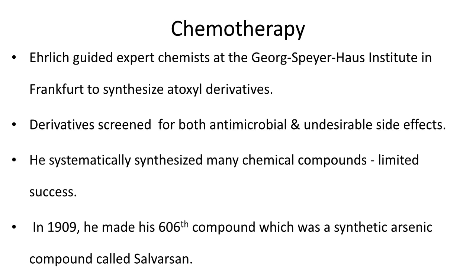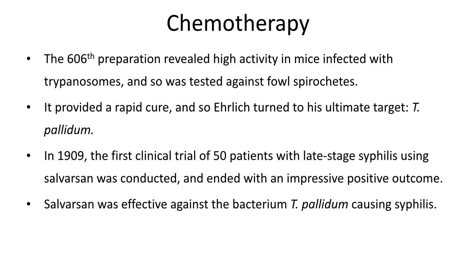In 1909, Ehrlich had made the 606th derivative of arsenic, which he called Salvarsan. This preparation gave a very high activity in mice which were infected by the trypanosomes.